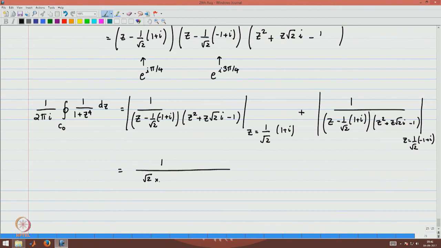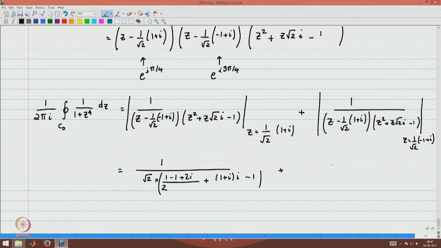So, that is 1 by 2 and square of this is 1 plus i square, which is 1 plus 2i minus 1, which is just 2i. Plus now z root 2 is just 1 plus i into i minus 1. Okay, so this is the first residue.